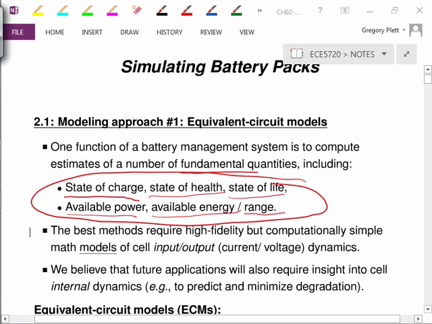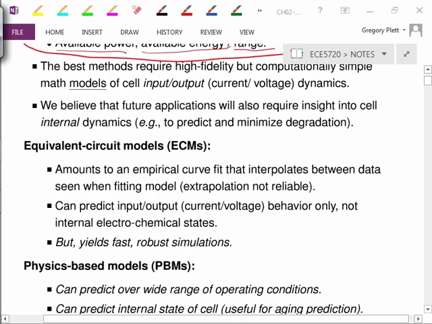We believe that future applications are also going to require insight into what happens inside of this cell, additionally to the input-output dynamics, to be able to predict and minimize degradation, for example. And so there's different kinds of models of battery cells. We saw two fundamentally different models last semester, and we're going to very briefly review those two models here, and then we're going to proceed with the rest of the course.